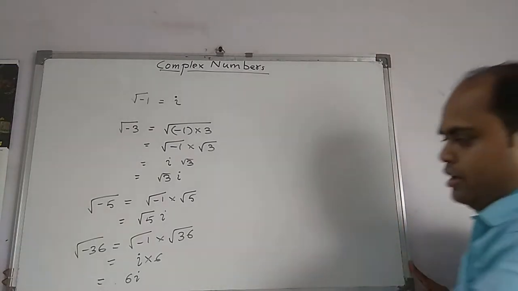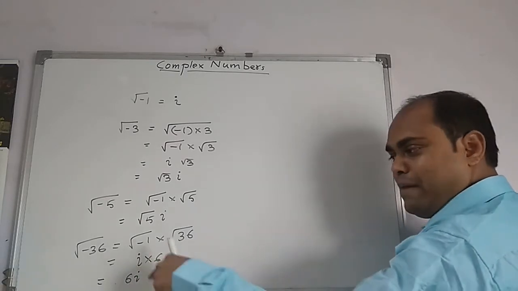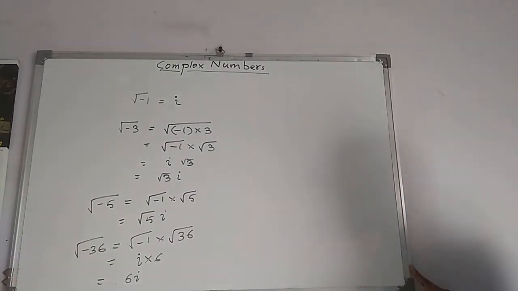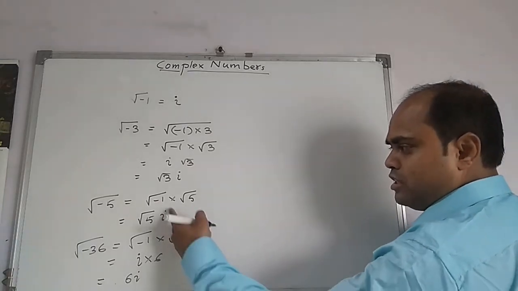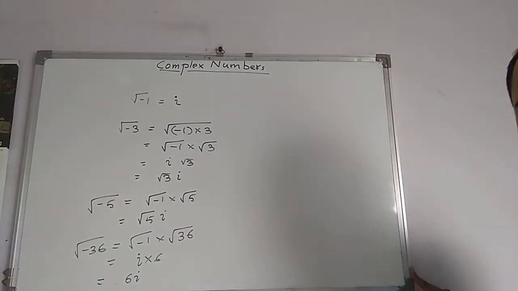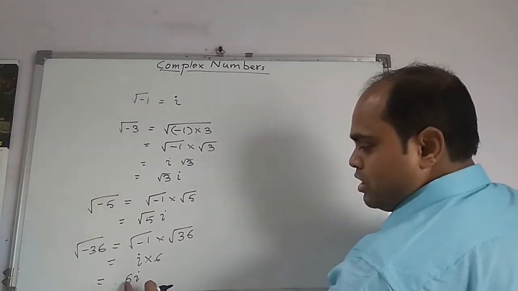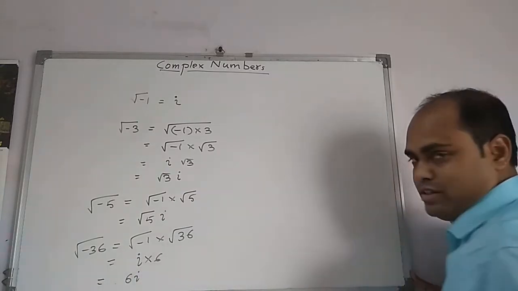See here the i is indicating that the number is imaginary or non-real, right? Wherever we get the term iota, we will say the number is imaginary. So we have square root of minus 36 as 6 iota, which is imaginary.